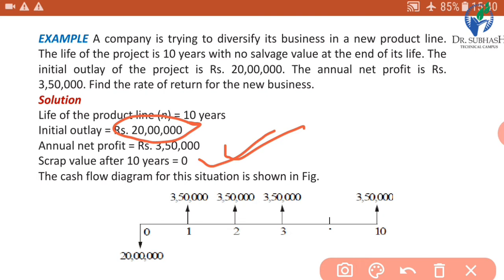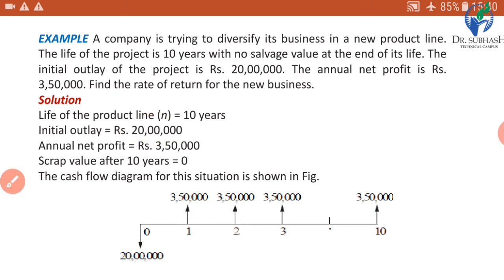The cash flow diagram for this situation is shown in the figure. First we can see there is a 20 lakh principal amount, and return from this 20 lakh is every year 3,50,000, and it is up to 10 years. So this is given in the cash flow diagram.